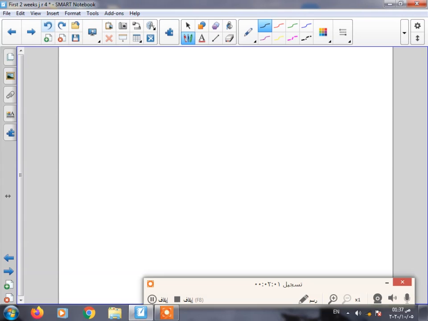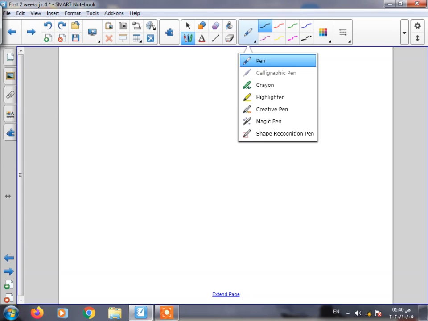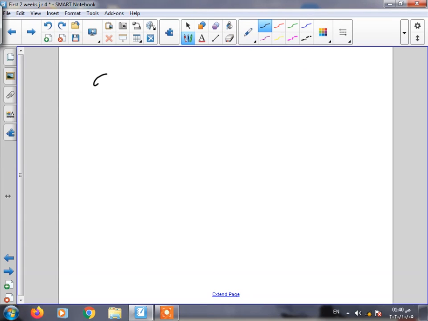If the verb ends with the letter E, for example, the verb dance.